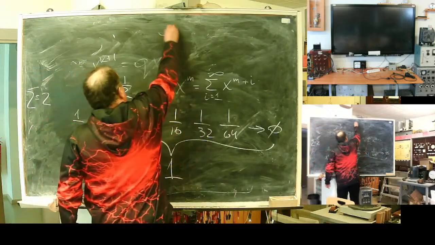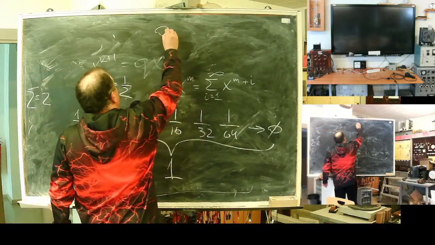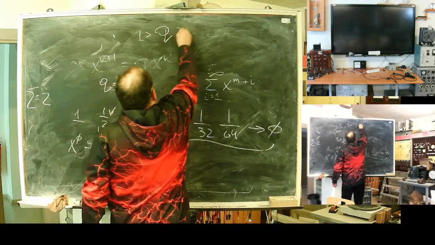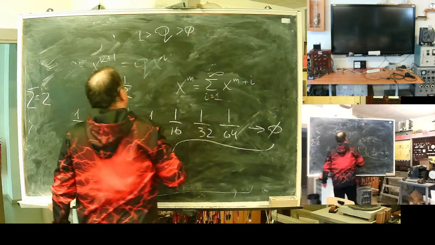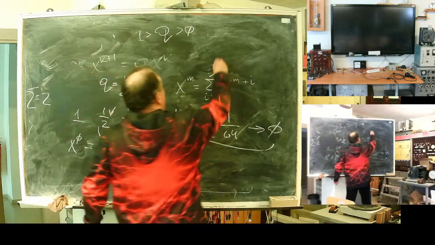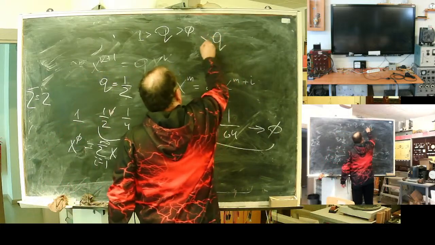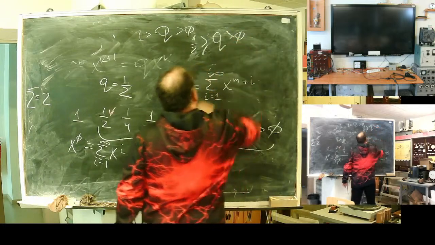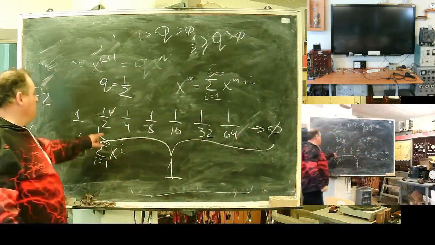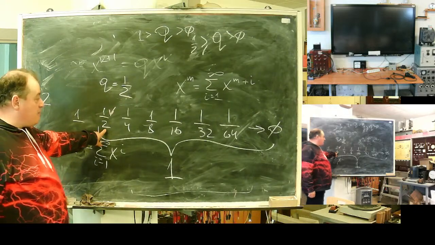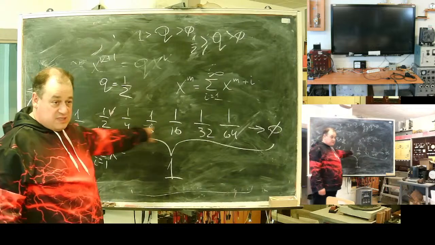Anyway, for any q from 1 to 0, the series converges. Yeah, but for any q greater than 0, I can guarantee that any series element is equal or greater than the sum of all others.